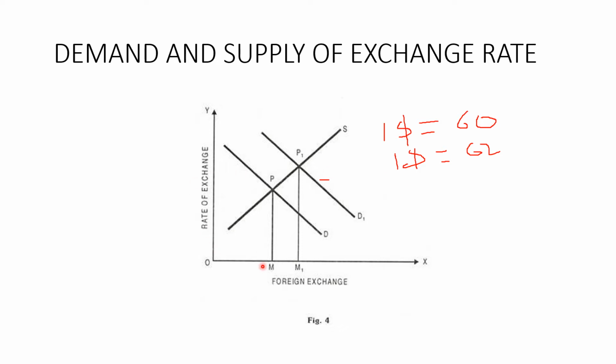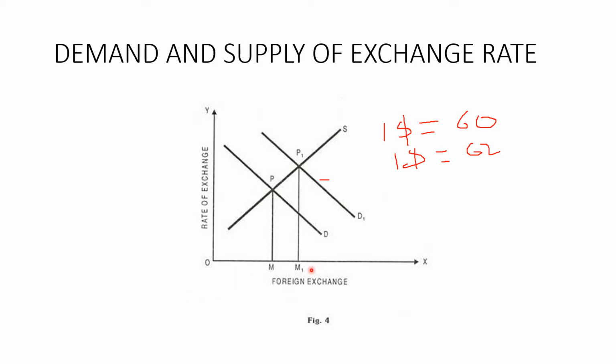So this ultimately increases the exports because the foreigners are getting goods at a cheaper rate. If you see here, the initial exchange rate was $1 equivalent to 60. So 0 to M was our demand for our home currency. Now, let's say there is a depreciation in the value of currency, from 60 to 62 rupees. So $1 is equivalent to 62. This will lead to an increase in our Indian currency demand from M to M1.